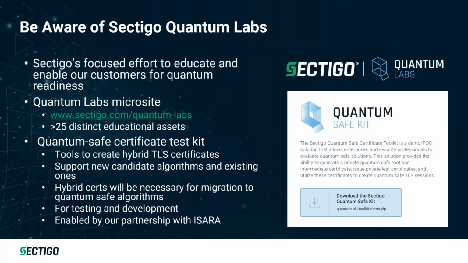What you can do now is you can start. There's a few ways to start, one of which is just to get educated. We have a focused area on our site, sectigo.com/quantum-labs, and that is where we collect a lot of information and assets about quantum computing and quantum safe certificates and what's going on with that.